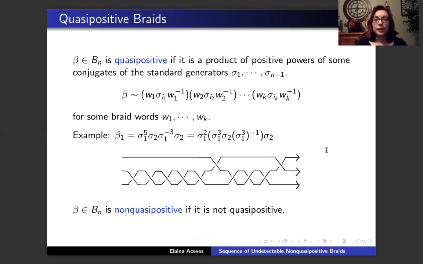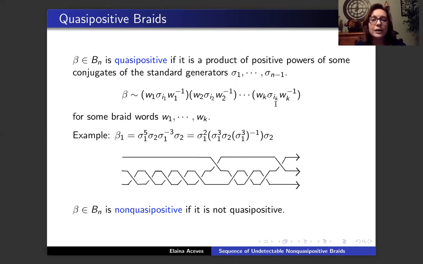Now, I've mentioned quasi-positive already, so what's the definition? A braid is quasi-positive if it's a product of positive powers of some conjugates of the standard generators. And what I mean by some conjugates is just some braid words, W1 to Wk. So here, this beta, we have these W1, W2, all the way up to Wk, and in the middle we have standard generators, all to positive powers.